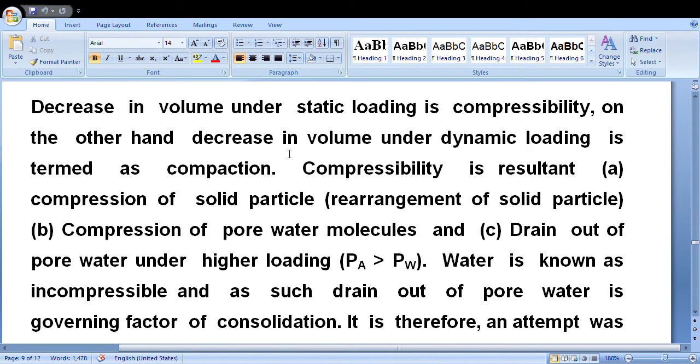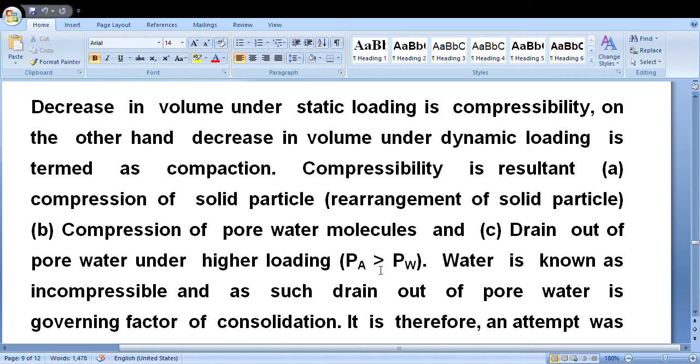When it is under dynamic loading, it is compaction. Compressibility is the resultant of compression of solid particles, that is the rearrangement of solid particles, compression of pore water molecules, and draining out of pore water under higher loading pressure.